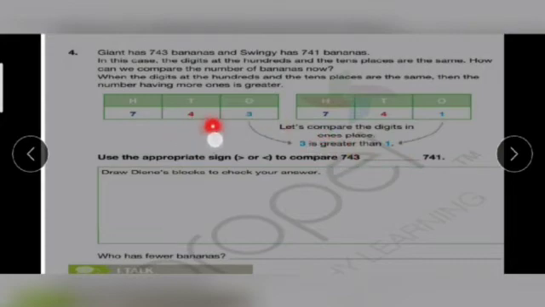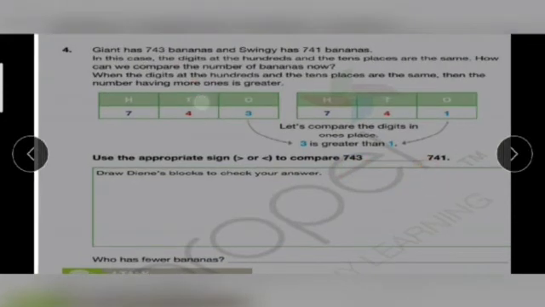That's why 743 is greater than 741, or we can say 741 is less than 743. Use the appropriate sign, greater than or less than, to compare 743 and 741.